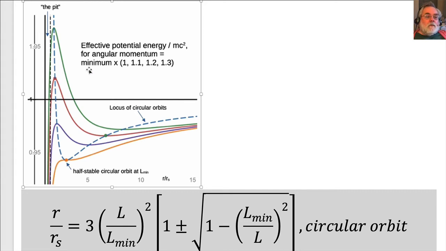The dotted black vertical line is 1.5 Schwarzschild radius. No circular orbit is possible inside 1.5 Schwarzschild radius.